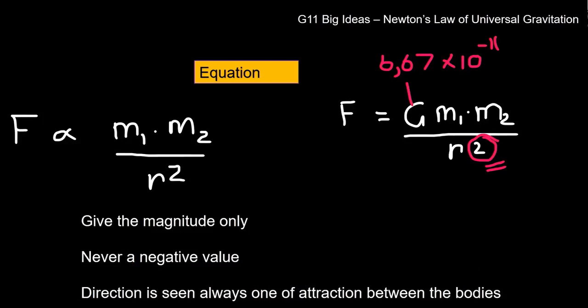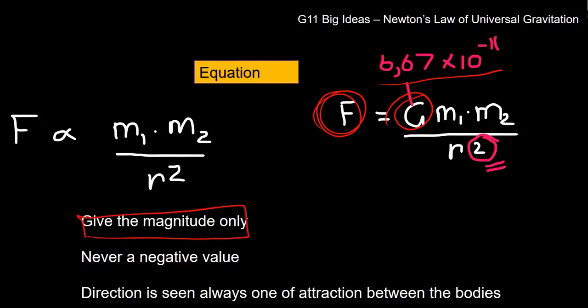So here we have this constant, and there it is there, G, it's a big G. You will find that value on the data sheet. It is 6,67 times 10 to the minus 11. It's very, very small. But this is going to give us a force that is magnitude only. In other words, size. How big is the force?